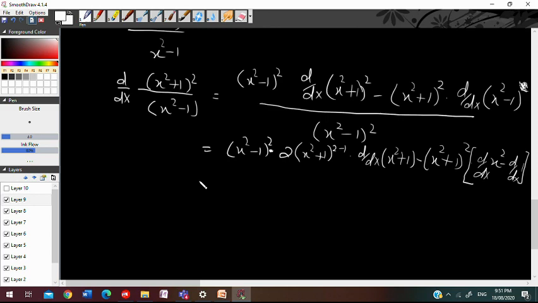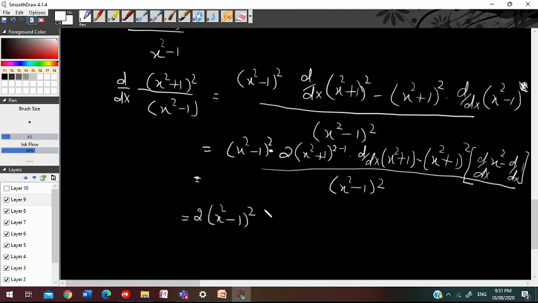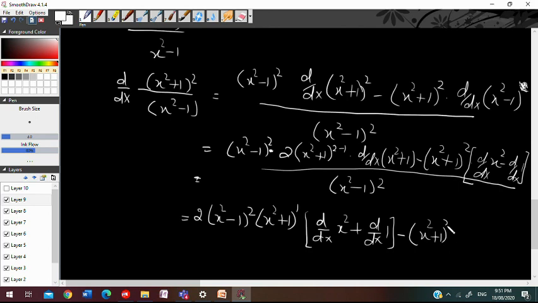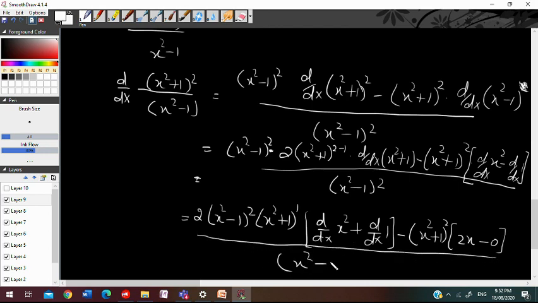Sorry, the denominator is (x² − 1) whole square, and then the numerator is 2 times (x² + 1) to the power 1 times (d by dx of x² plus d by dx of 1), minus (x² + 1) whole square times (2x − 0), and the whole thing divided by (x² − 1) square.